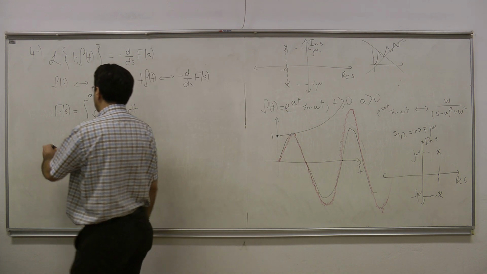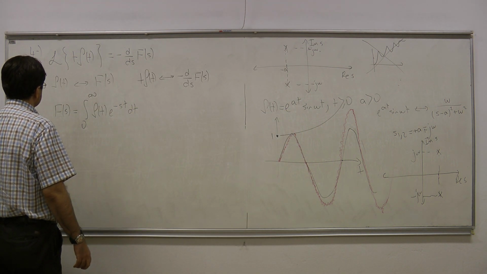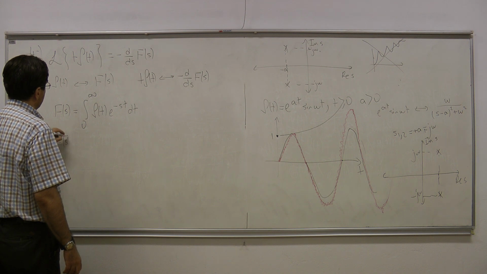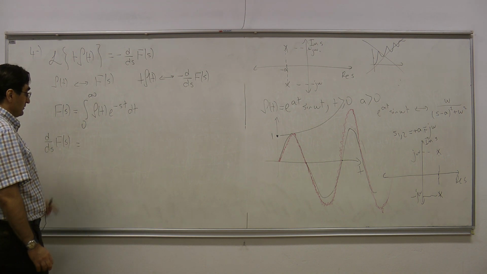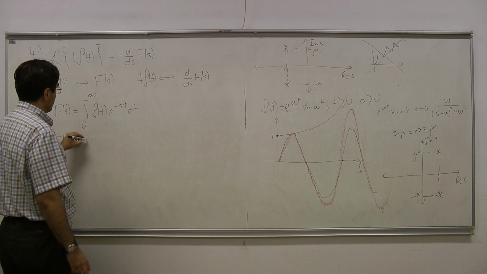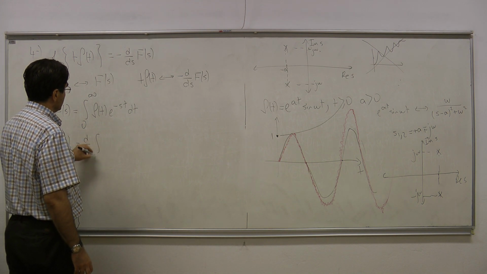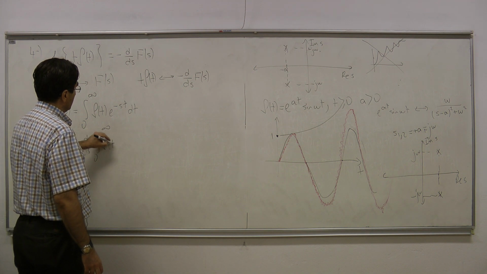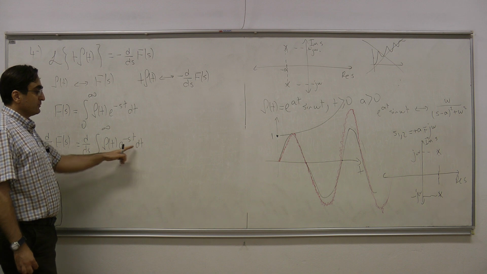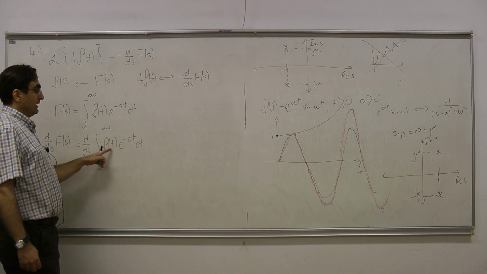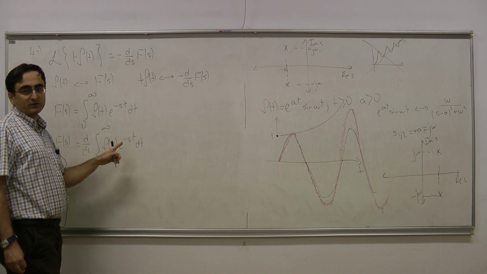And now I'm going to calculate the derivative, d over ds, F of s. I will calculate this derivative and try to understand what is going to come out. So this is d over ds of this integral. Okay? f of t e to the minus st dt. Integration is with respect to t. And s is just a constant for the integral.